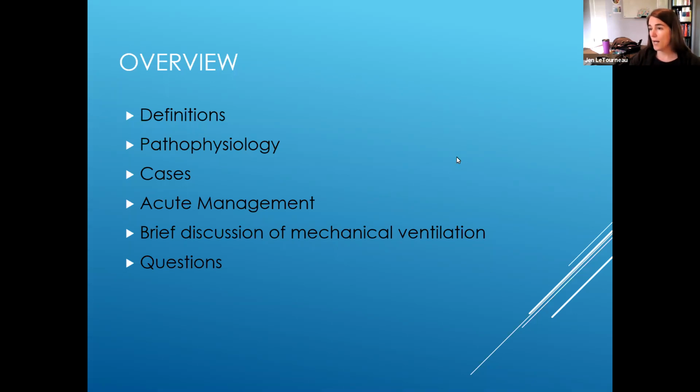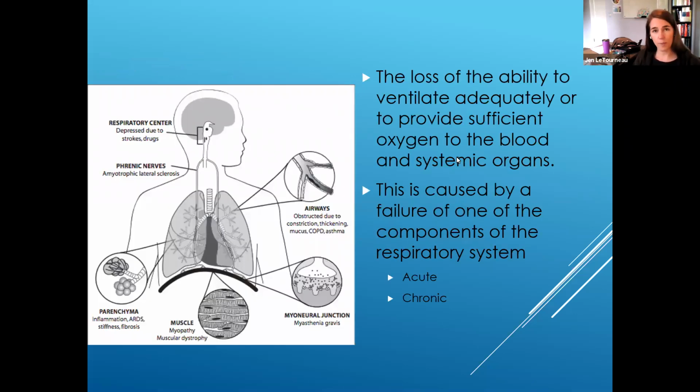So starting out, of course, respiratory failure is the loss of the ability to adequately ventilate or provide oxygen to the blood and systemic organs. And so keep in mind, there are multiple different components to the respiratory system, right?